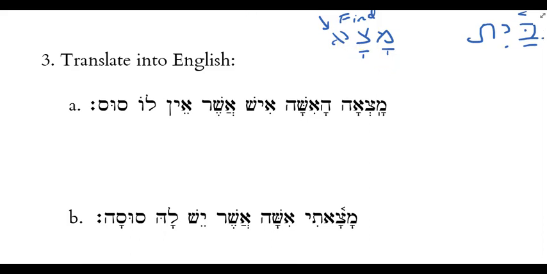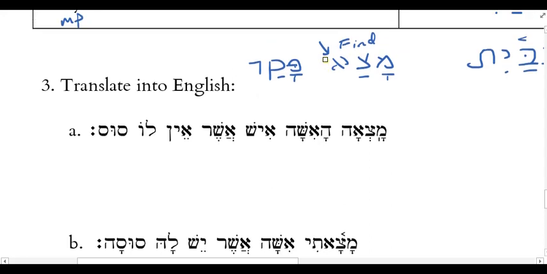Okay, so the normal pointing for the Qal perfect, going back to pakad, is long A, short A, right? So matzah's pointing should have been long A, short A, like this, matzah. Pakad, matzah. What does the aleph do when it's trying to close a syllable? Aleph likes to quiesce.